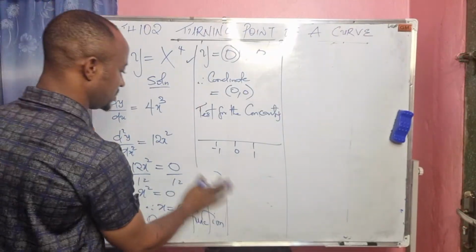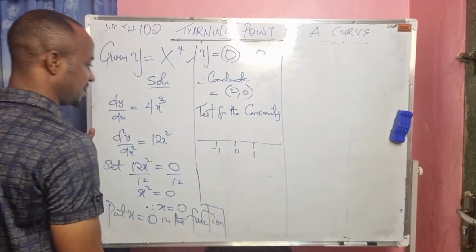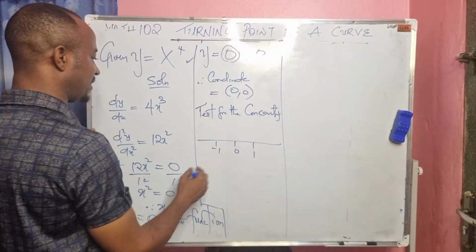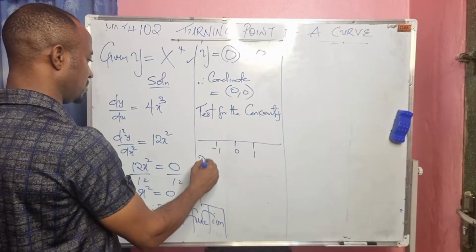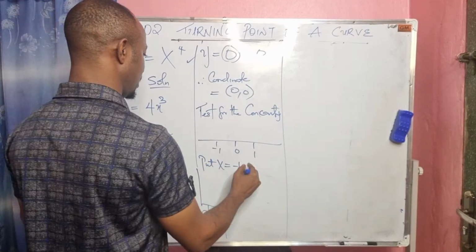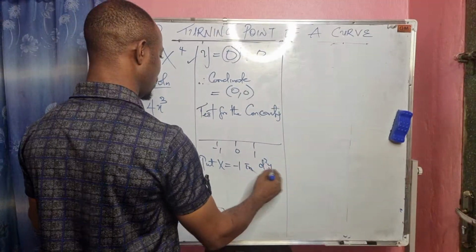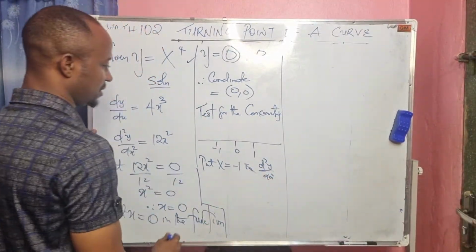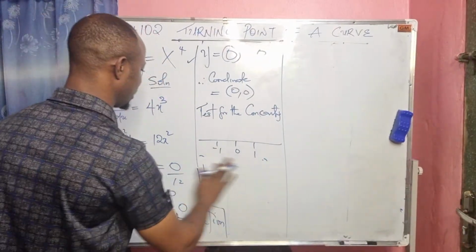So let's see what the result will be here. We put x equals -1 into d2y over dx squared.